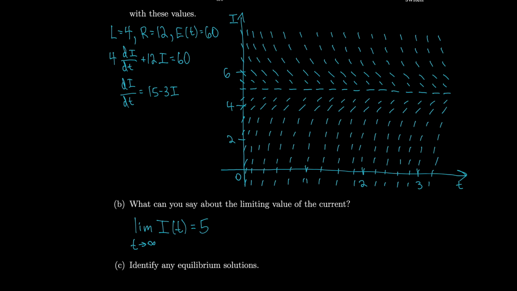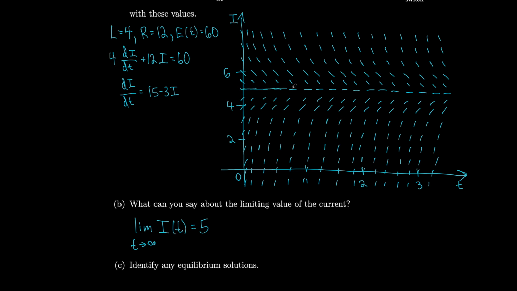Let's identify any equilibrium solutions. Equilibrium solutions are solutions that make our rate of change stop. Once the rate of change is 0, nothing is happening anymore and everything's at equilibrium. So let's see what makes di/dt equal 0. That was how we started drawing this in the first place. We noticed that plugging in 5 makes this 0.